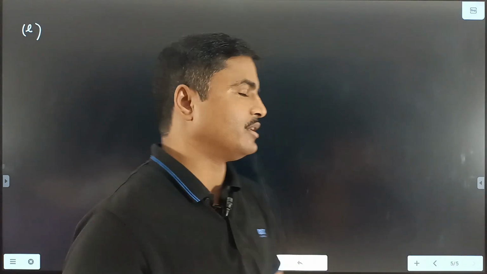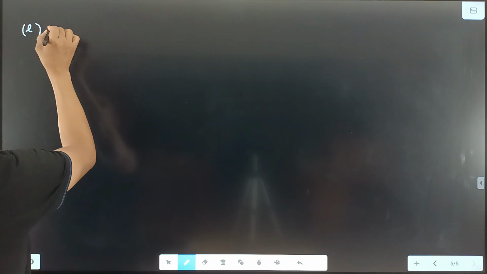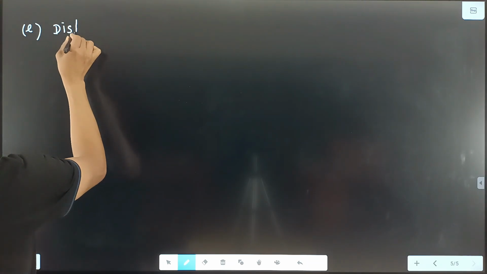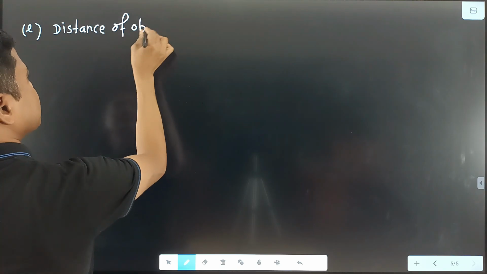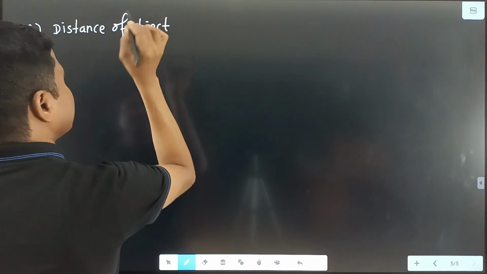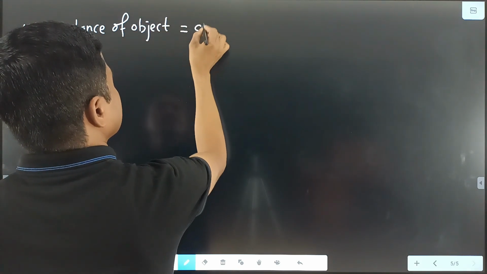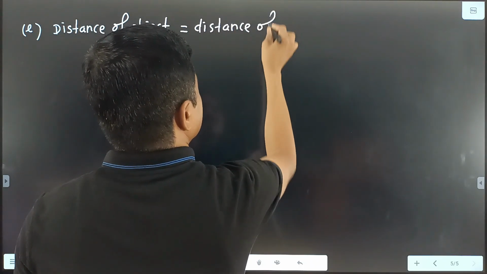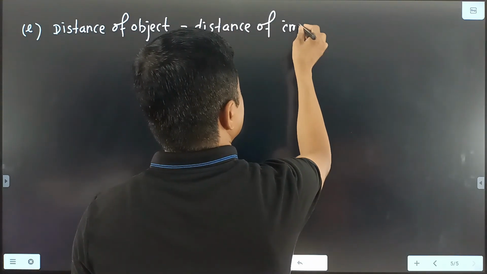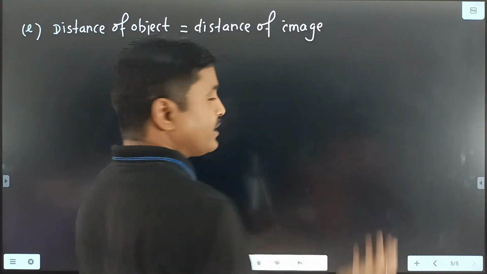In case of a plane mirror, we write: distance of object from a plane mirror is equal to distance of image from a plane mirror.